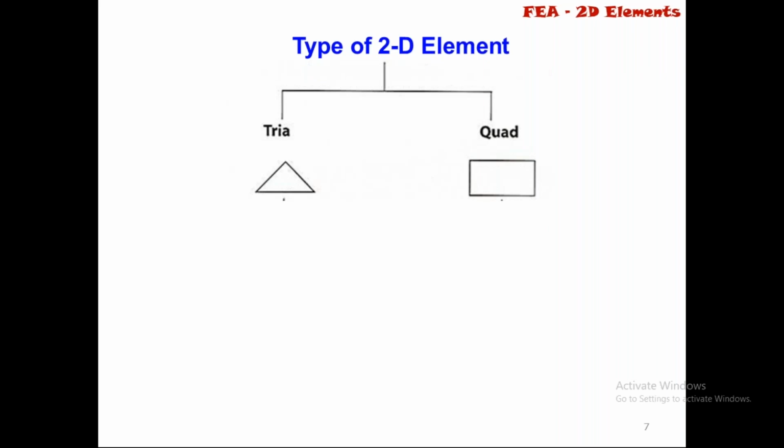Tra, that is triangular, and quad, quadrilateral. Again, the triangular element has two types: the shape remains the same, but something changes. Can you comment on this diagram?